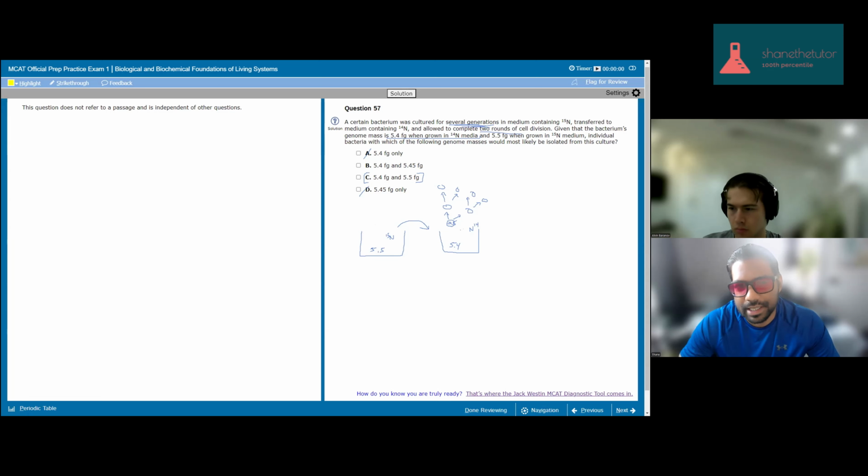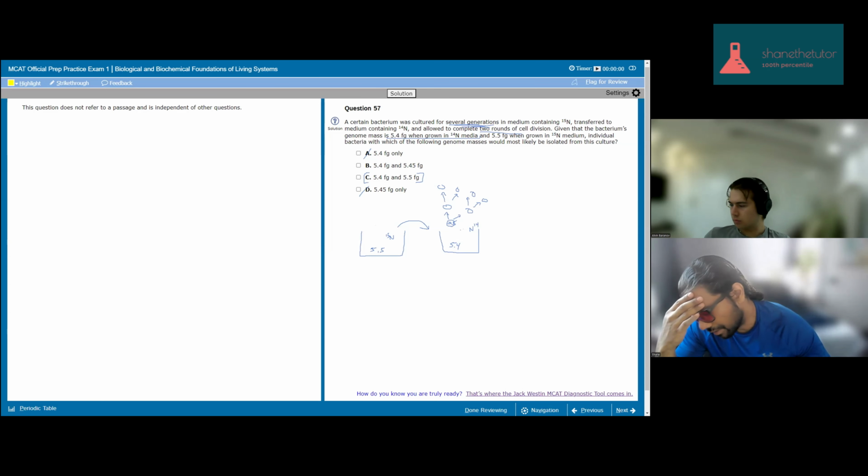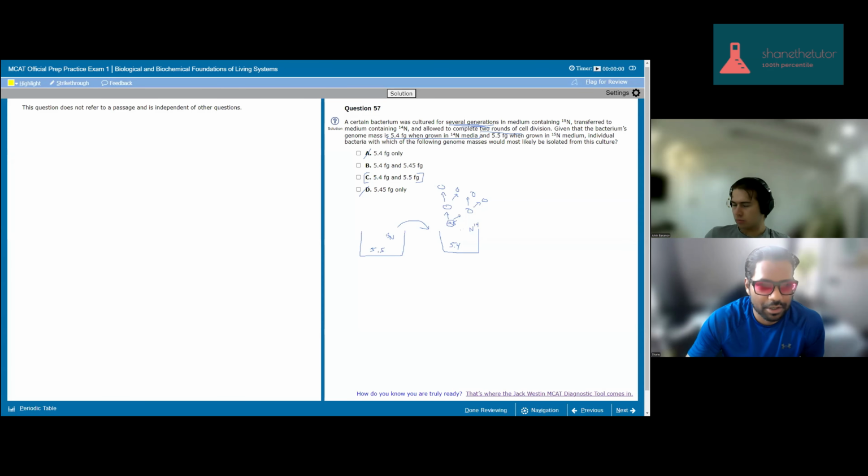And when it's in the N14 one, it was like two generations. But let's see. Oh yeah. So okay. I forgot that we're talking about DNA here, so that would be easier.